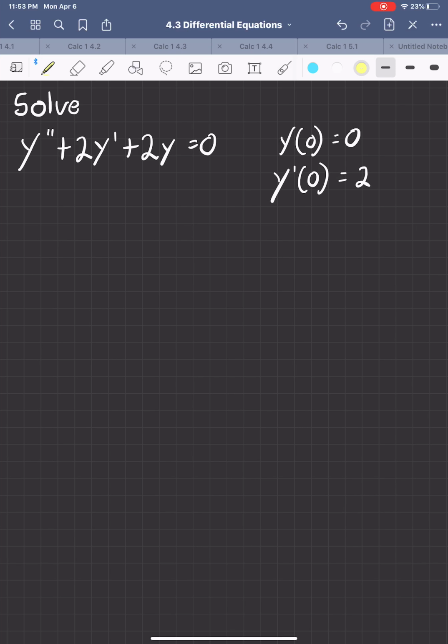We're also told that y of 0 is 0 and y prime of 0 is 0. Now, your job when you start these problems is to just jump in with your auxiliary equation like you did before. So if we label, A in this case would be equal to 1, B would be equal to positive 2, and C would be equal to positive 2.